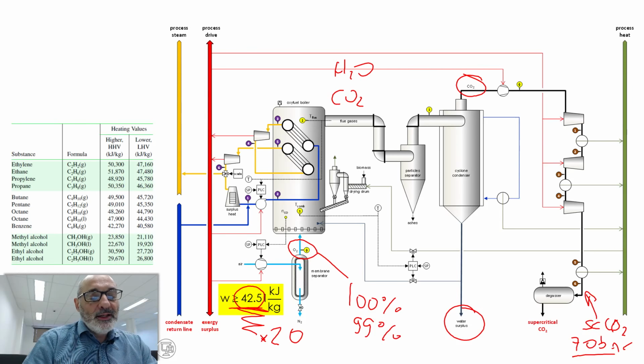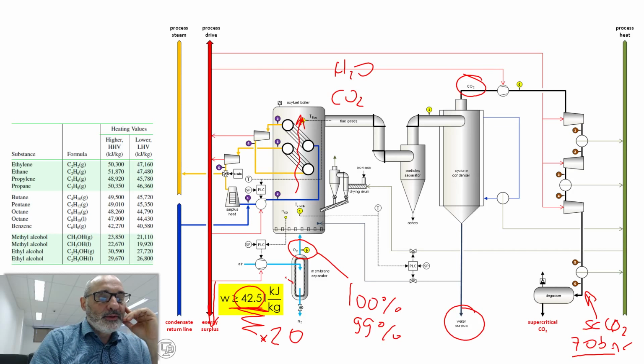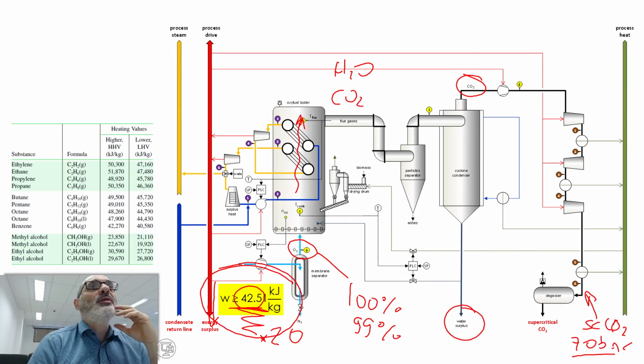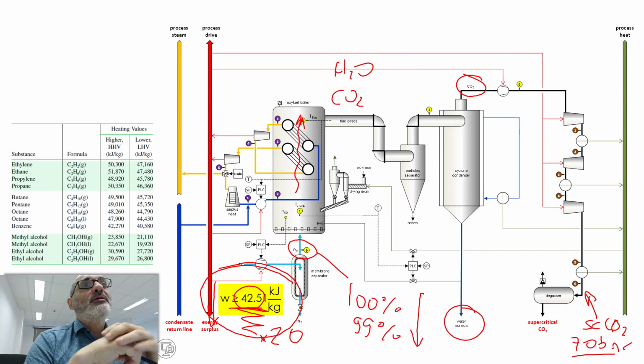The idea is to try to reduce this consumption of work here. So I'm not considering the quality of the combustion process, as you mentioned, but I'm considering the quality of the separation process. We're going to have a less perfect or incomplete separation, and try to calculate the amount of work involved.